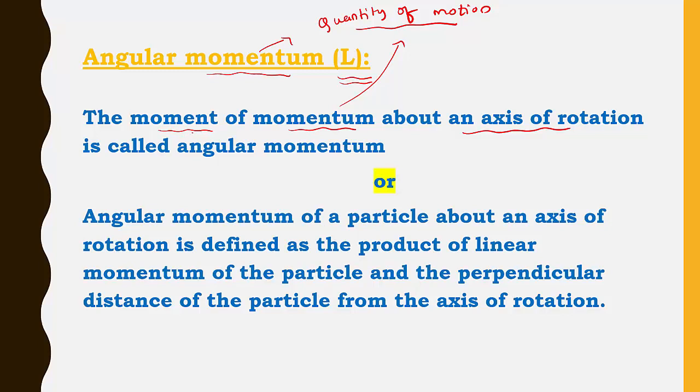At a certain distance we have to apply force. Then it will gain quantity of motion about an axis of rotation. So we can call it angular momentum. So what is angular momentum? Angular momentum is moment of momentum about an axis of rotation. Don't get confused with the word moment and momentum.